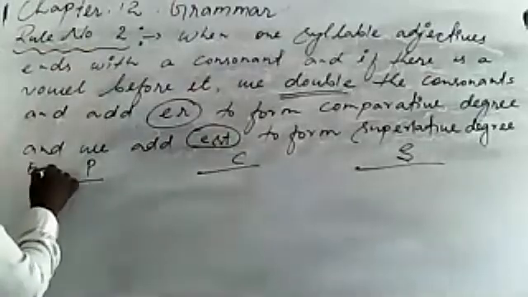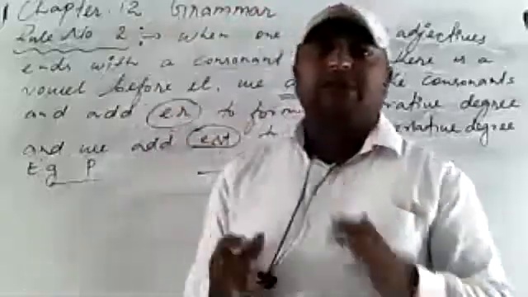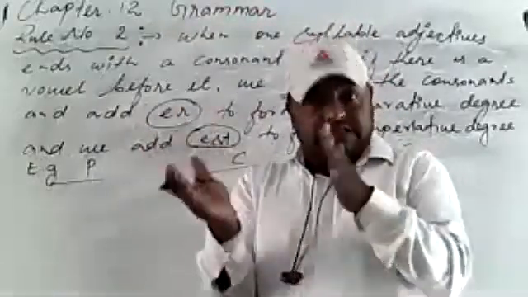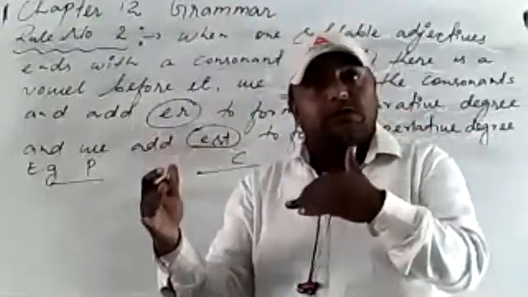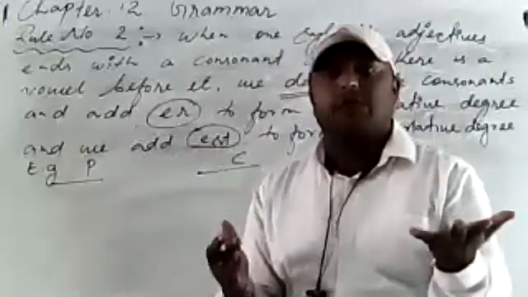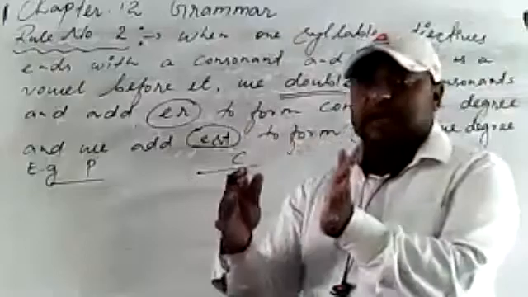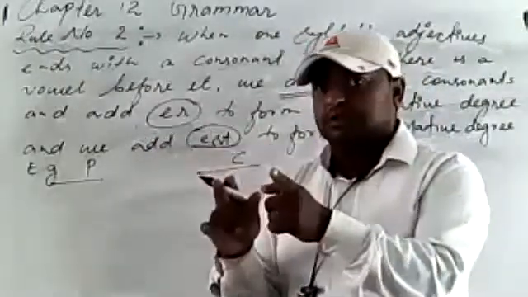Now we are going to study some of the example. Now look here. If one syllable adjective ends with a consonant रहता है अगर last में, and if there is a vowel before that, what consonant है last में और consonant से पहले अगर vowel है, then what we are going to do? We are going to double the consonant. With that last letter, the consonant, we are going to double it. Double कर देंगे उसको.